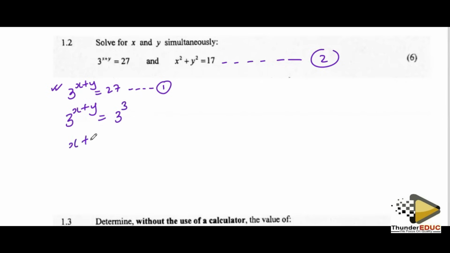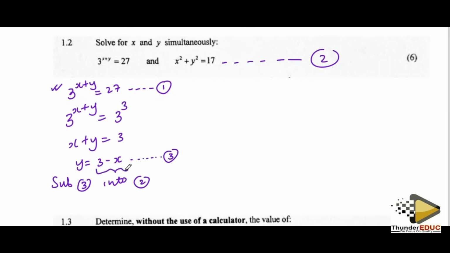So I'm going to say x plus y should be 3. Then I can make y the subject and say y is going to be 3 minus x. You can call this my equation 3 or equation star. So I need to substitute equation 3 into equation number 2, where there is y, I'm going to replace all of that.